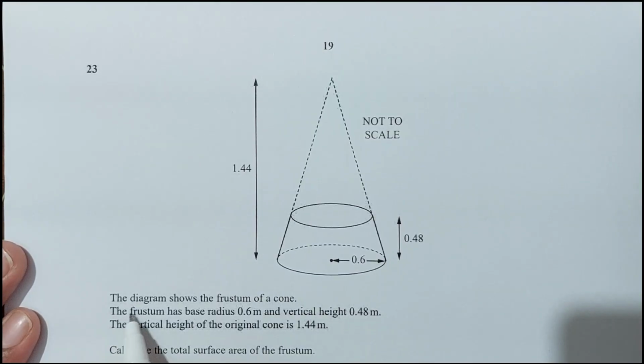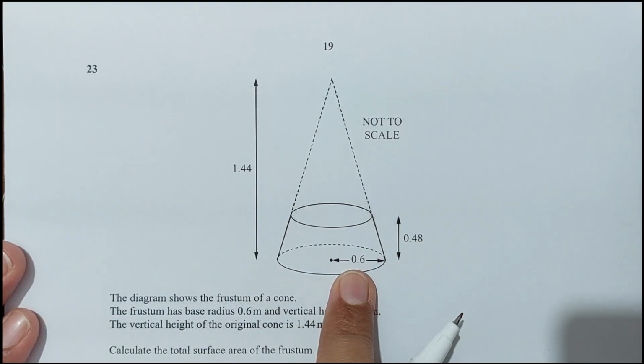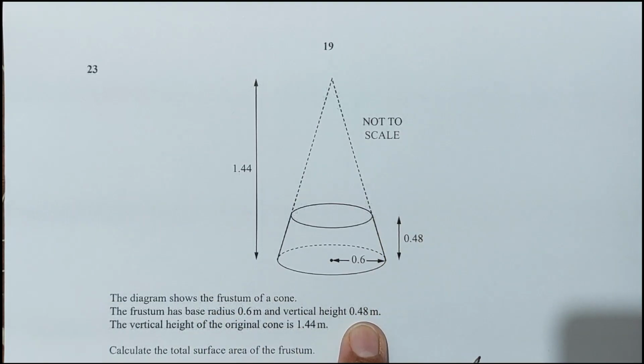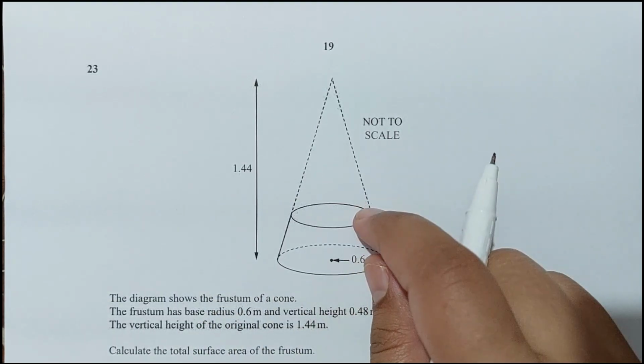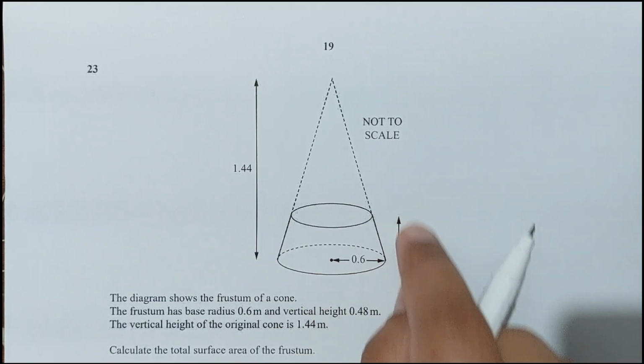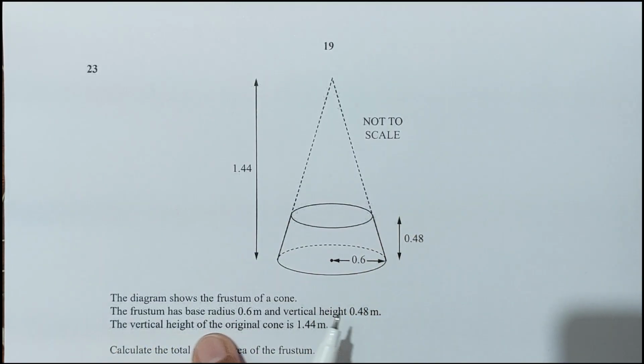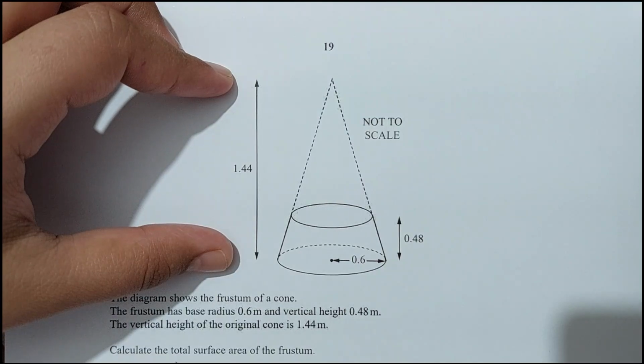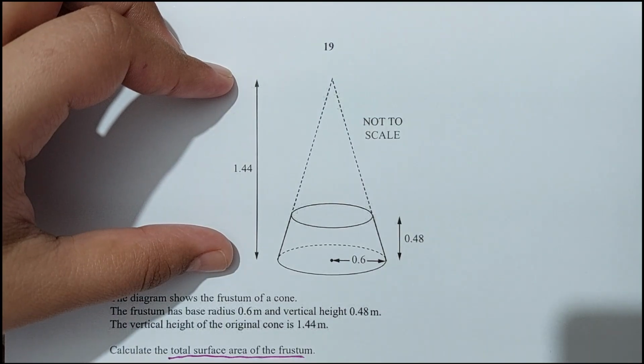Question number 23. The diagram shows the frustum of a cone. The frustum has a base radius of 0.6 meters and a vertical height of 0.48. This is a frustum, with its base area and the vertical height. The vertical height of the original cone is 1.44 meters. Calculate the total surface area of the frustum.